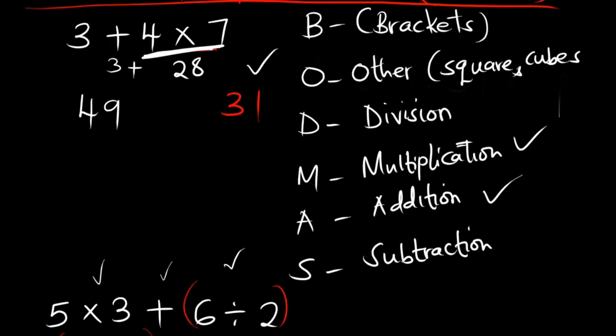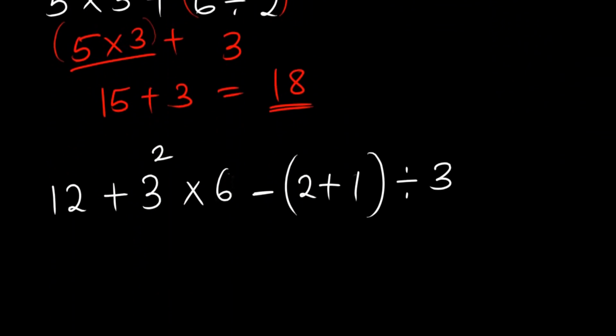So let's start with brackets. So we work out whatever is inside that bracket. So inside the bracket we have 2 plus 1, which is 3. And remember what I told you, once you are done with an operation, make sure you replace that operation with the answer that you get to avoid repeating working out an operation.